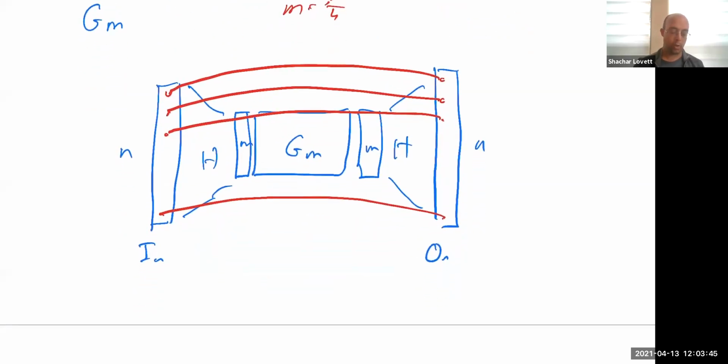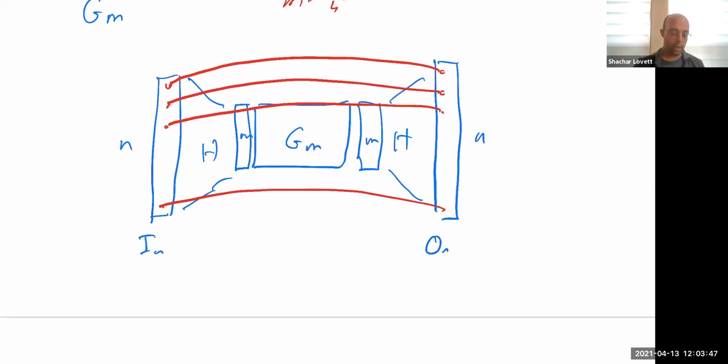So why is this a super-concentrator? Let's do it by picture. Look at a set S on the inputs and a set T on the outputs, with the size of S and the size of T being k. The first case is: what if k is at most n/2?